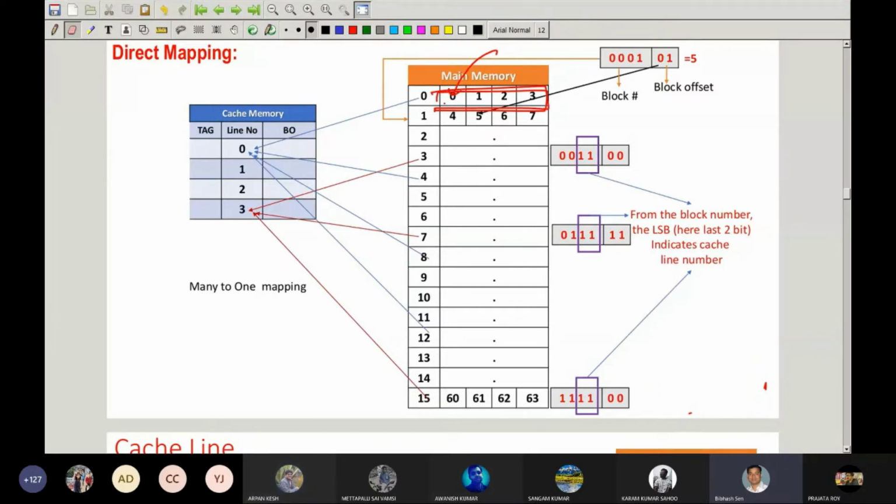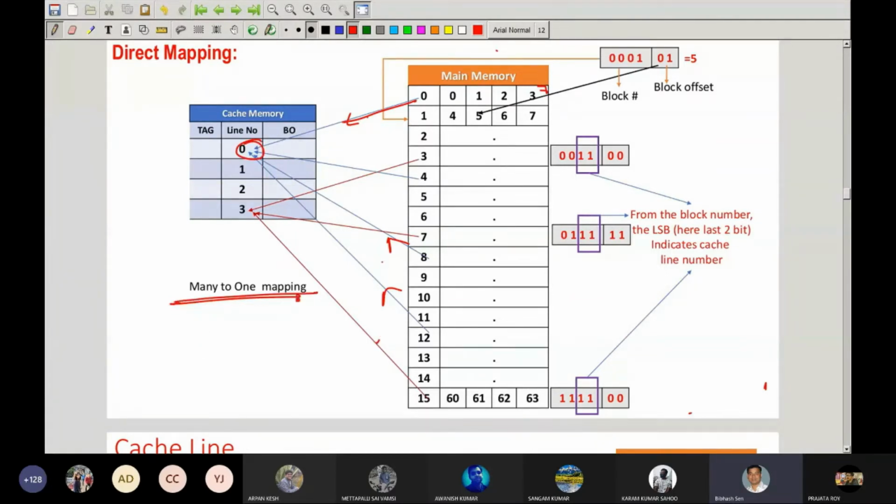So now each individual location looks like this. I know 0 can come here, then 8 can come here, 12 can come here. Is it correct? Because it is many to 1. All these many will be mapped to a particular individual location.